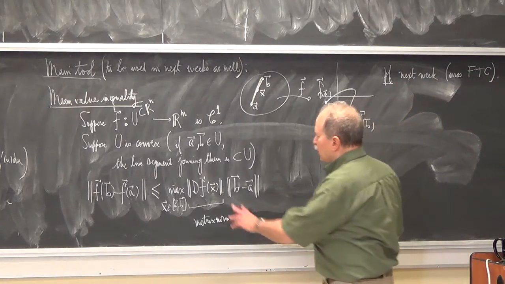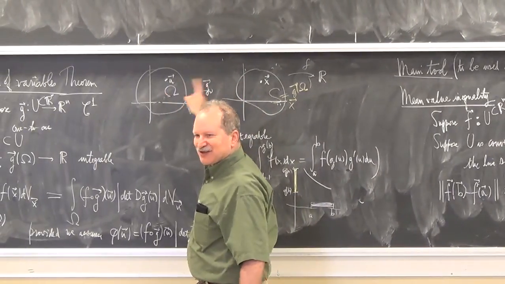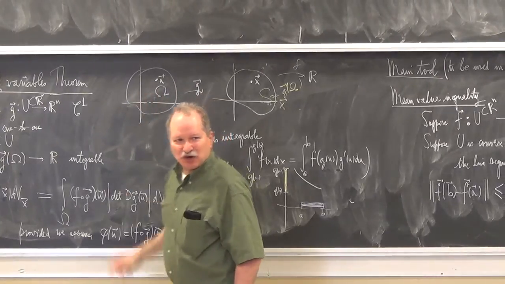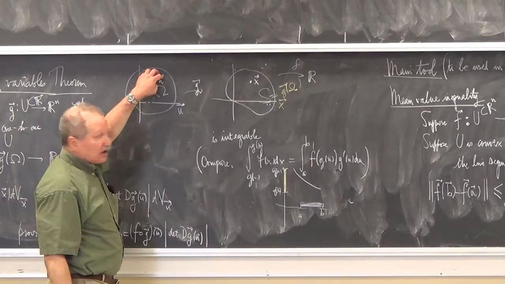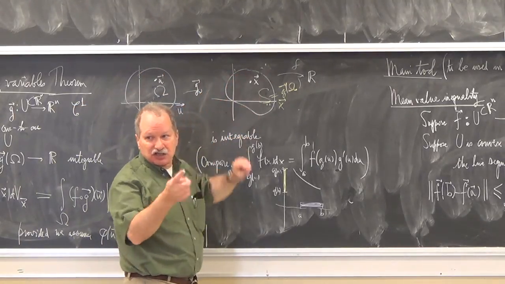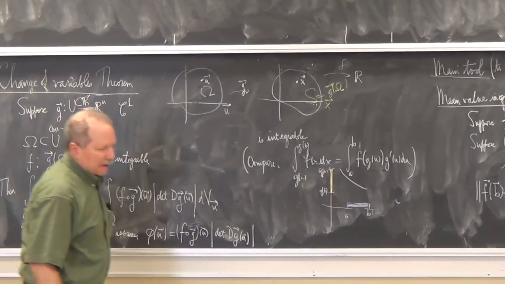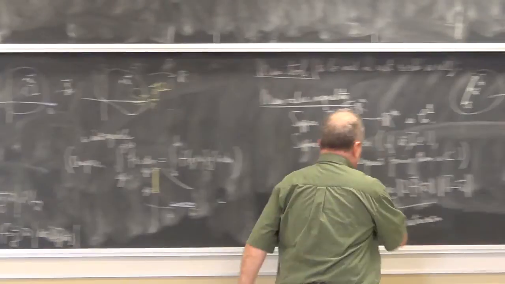But I want you to realize that I'm not going to apply this to the f in this problem, I'm going to apply it to the g, so I should have stated it with g. But I'm really interested in saying, if I have two points that are reasonably close here, how far apart can they be here? How much can g distort distance? Okay? What's that max thing? Maximum of what?